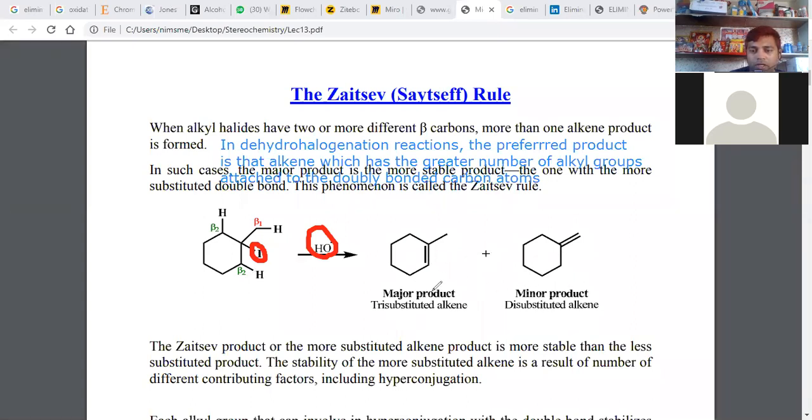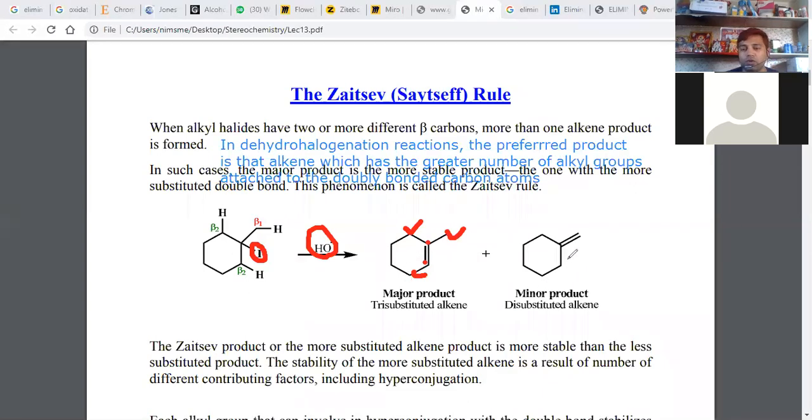The major product will be the one which is more substituted. Here, this is one carbon, this is the second carbon, and it is more substituted: 1, 2 and 3. So it is a tri-substituted alkene.